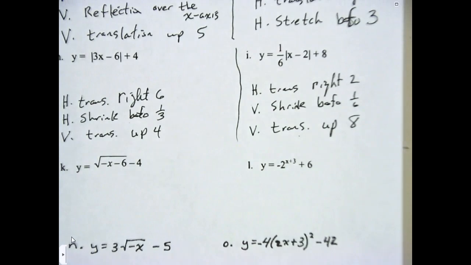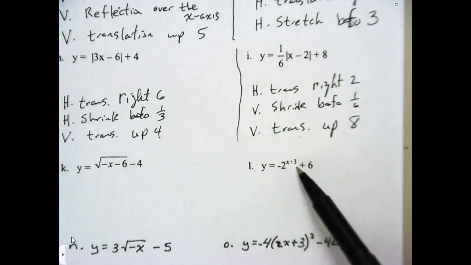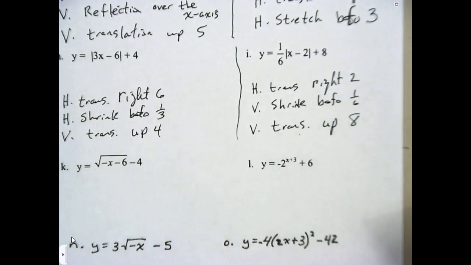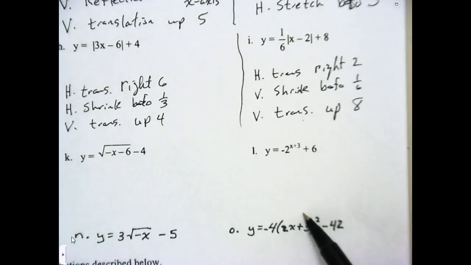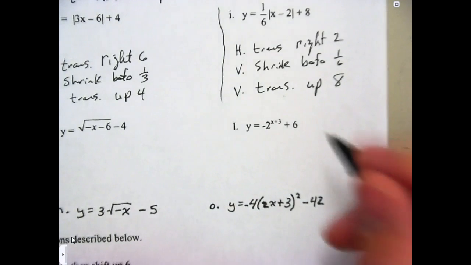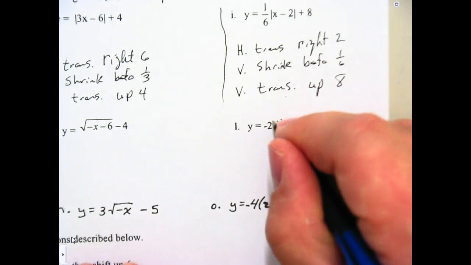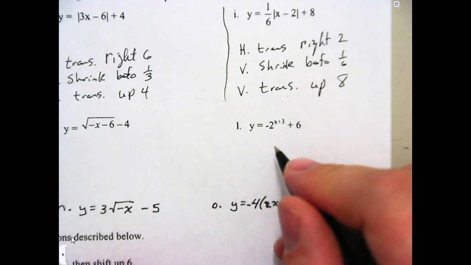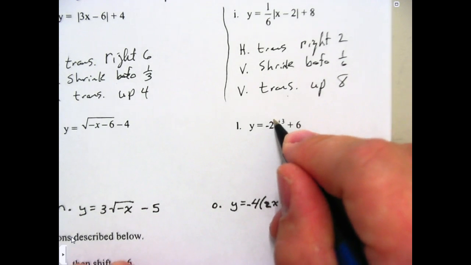Okay, guys, I want to drop down to these. These are the last two I'm going to do with you. If you want more practice, there's 4 others over there. But I want to do these 2. You haven't seen one like this. Okay, but letter L, your parentheses is the x plus 3. Well done.